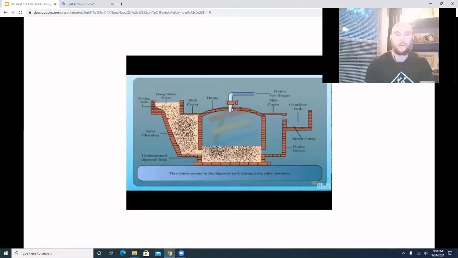So again, you would have had a mixing tank or some sort of area where they produced the slurry. There was an inlet shaft leading into the primary digestion chamber. And then you have your outlet shaft, or you may call it a displacement shaft, and your overflow or displacement tank, where the digested material that was produced inside the fermentation or digestion chamber could then be collected.